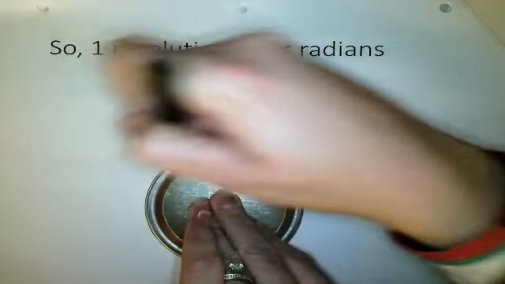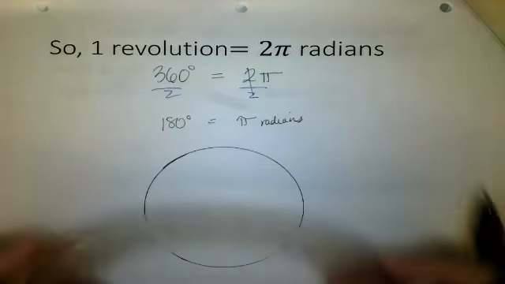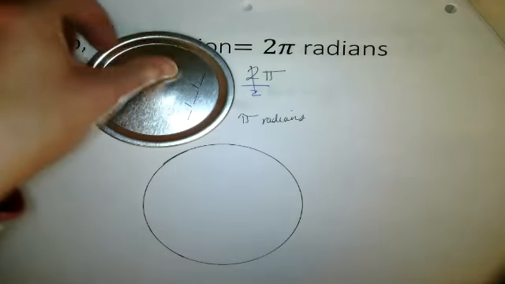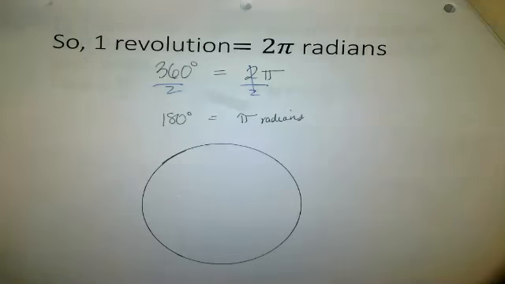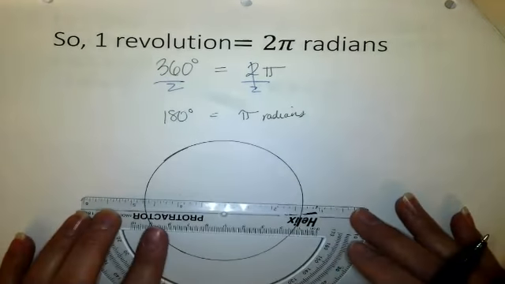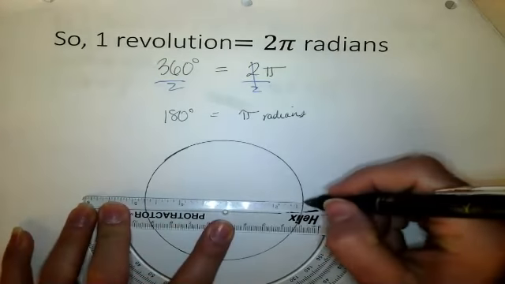So going back to why this is important. You guys trace your circle. Here's one. Trace your little lid. All right. Really important. So we're going to draw a little circle and draw in a diameter.